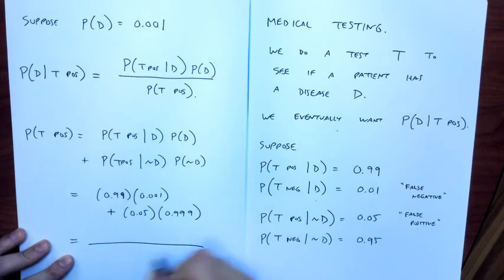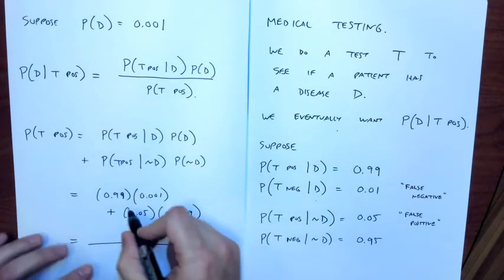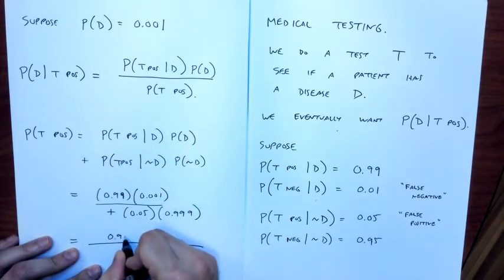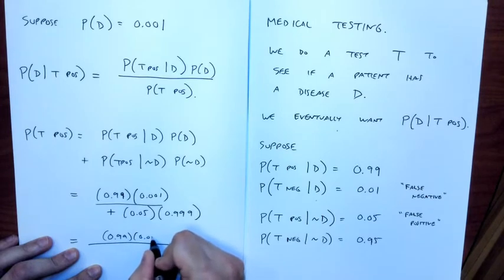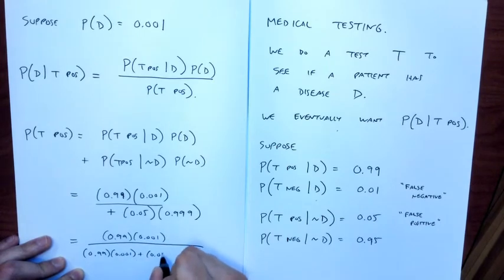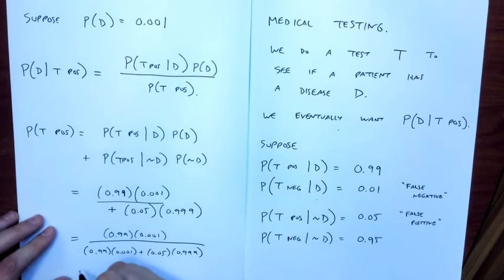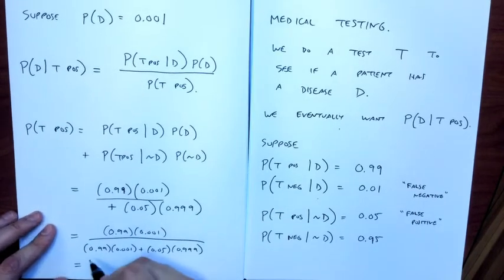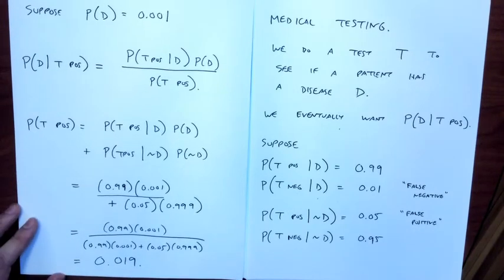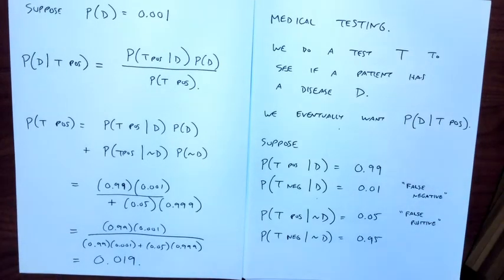This part here is what I need in the numerator, and this part here is what I have in the denominator. I did the computation at home. And what do I get? 0.019.